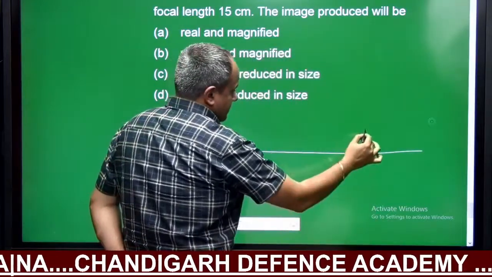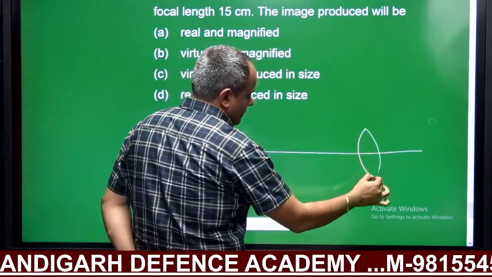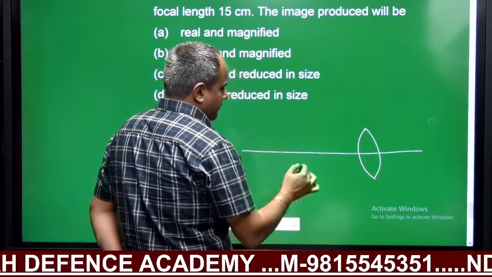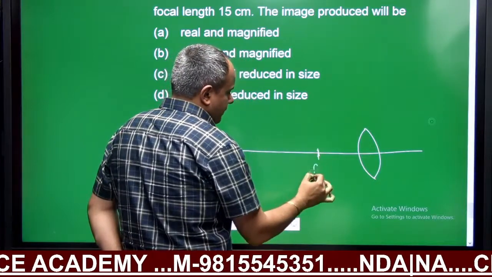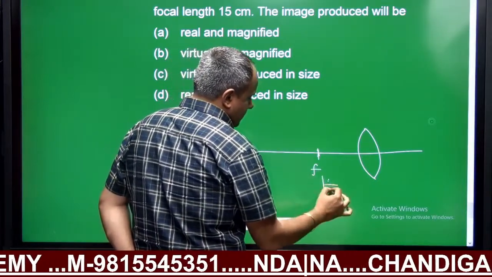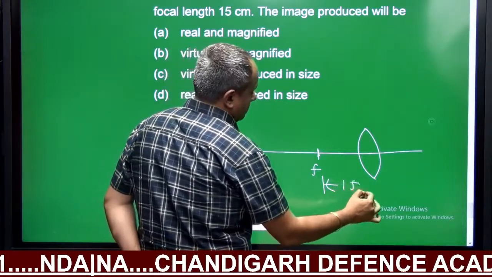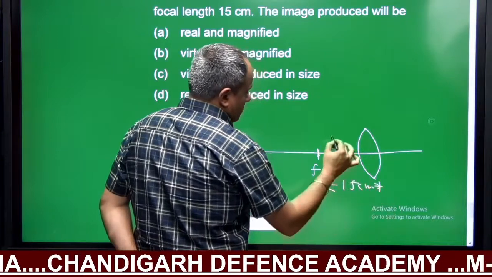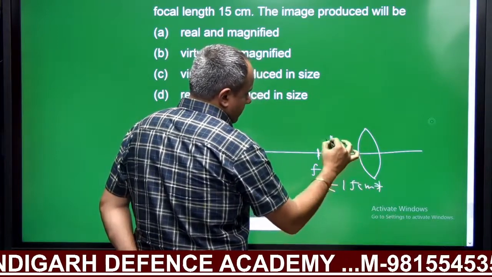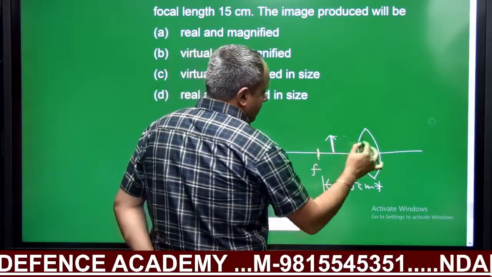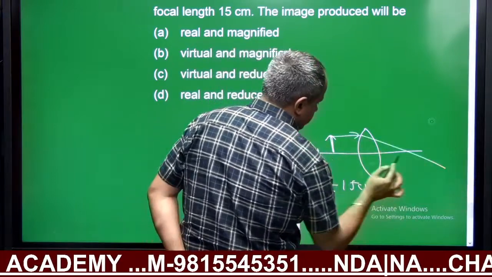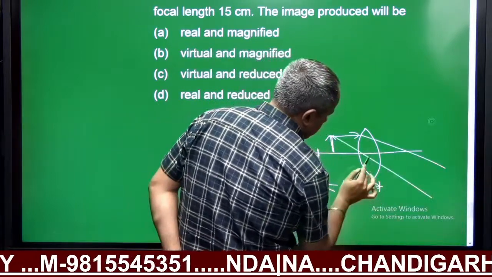This is a lens, a convex lens, having focal length somewhere here. But the object is kept between this. When this happens, this goes through its focus. This passes through this.